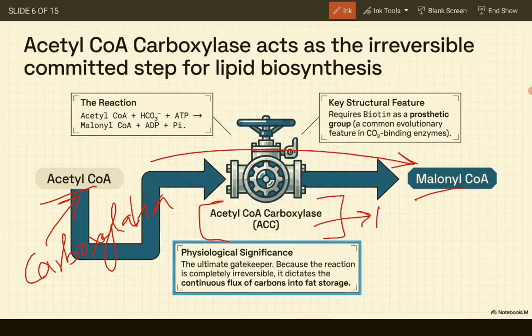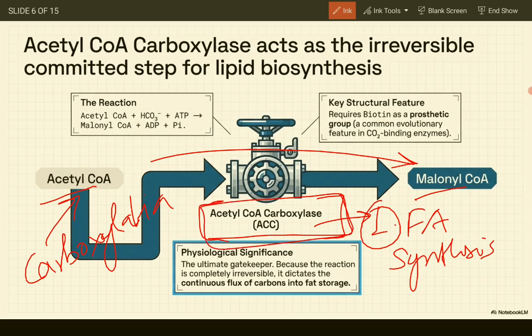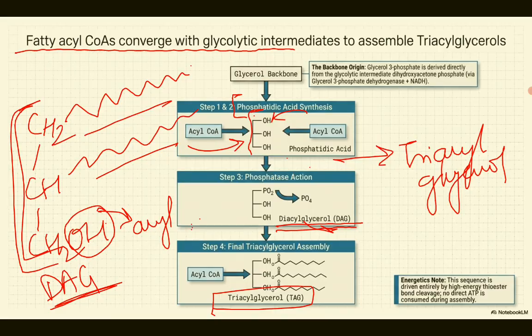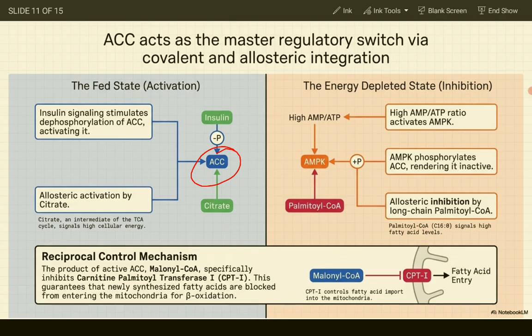This enzyme leads to the first step of fatty acid synthesis. So this enzyme is really important in lipid biosynthesis. Now let's come back. So ACC is important for lipid production.